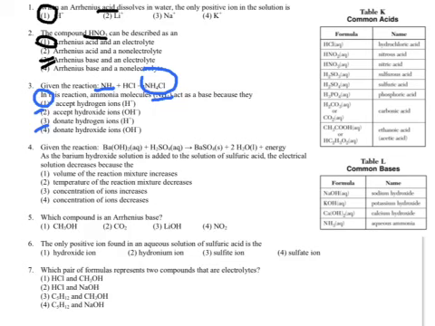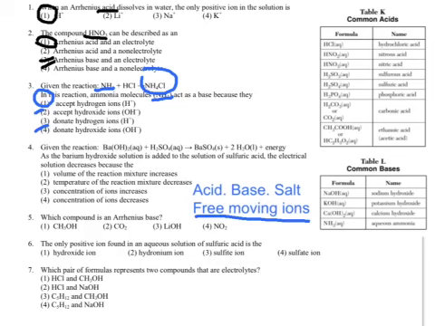Now water is neutral, and we're asking why doesn't it conduct electricity? Well, something that conducts electricity is called an electrolyte. Again, electrolytes include acids, bases, and salts, and they conduct electricity simply because they have free-moving ions. So why did this solution not conduct electricity? Must be because the concentration of the ions decreased.